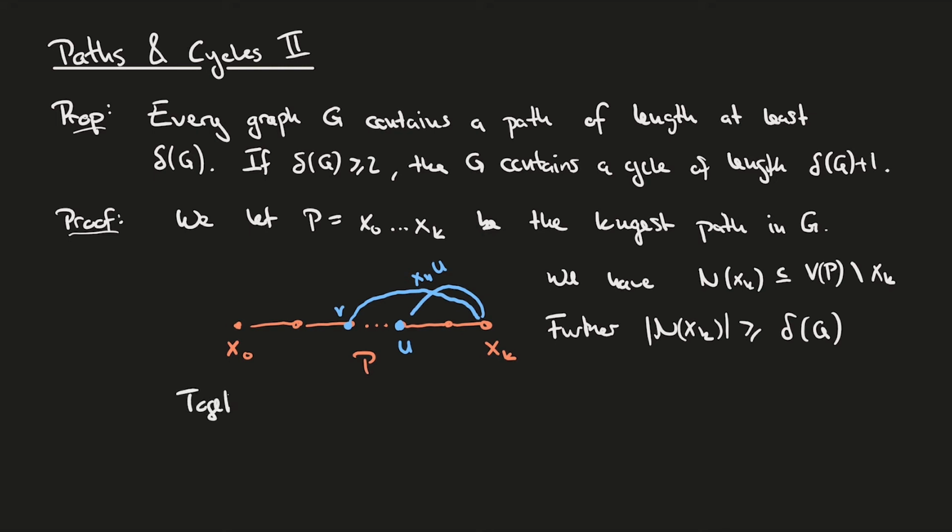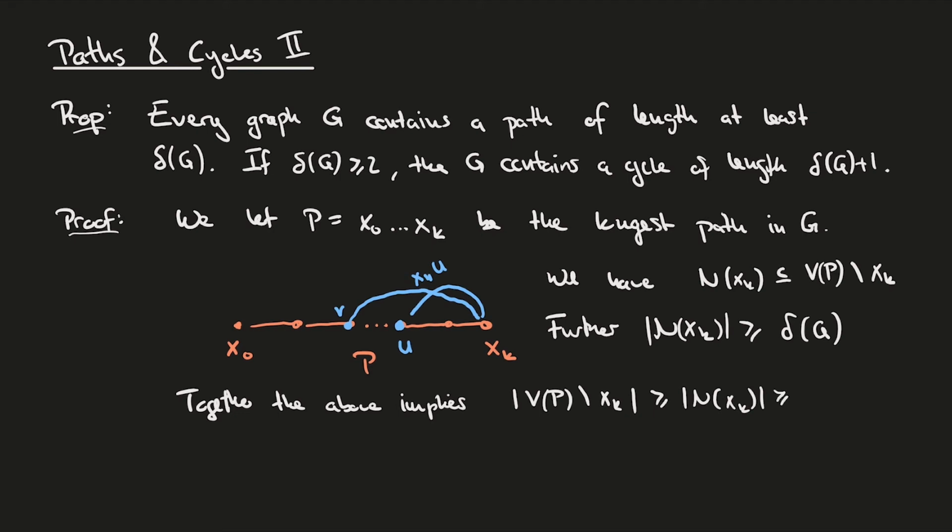Together, the above implies that the cardinality of the vertex set of P without the element xk is at least the cardinality of the neighborhood of xk, because the latter is a subset of the former.